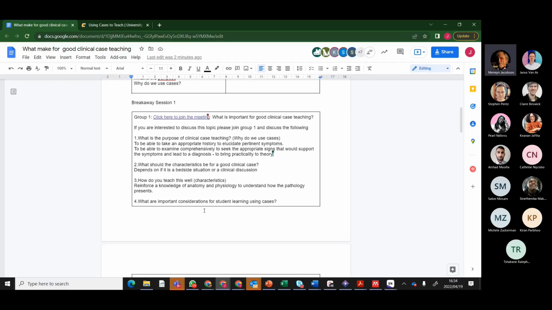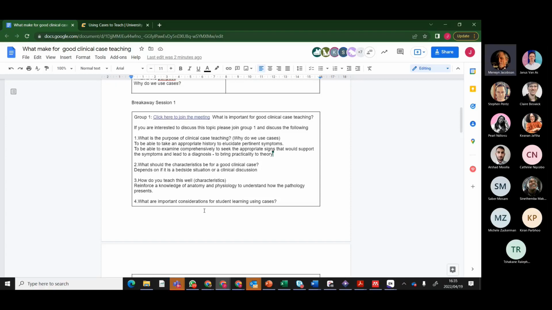What would the characteristics be for a good clinical case? That would depend very much on whether it's a bedside situation or a clinical discussion. Because in the bedside situation, one's approach must be very different in terms of elucidating the symptoms and demonstrating the signs so that they can actually see what things mean.